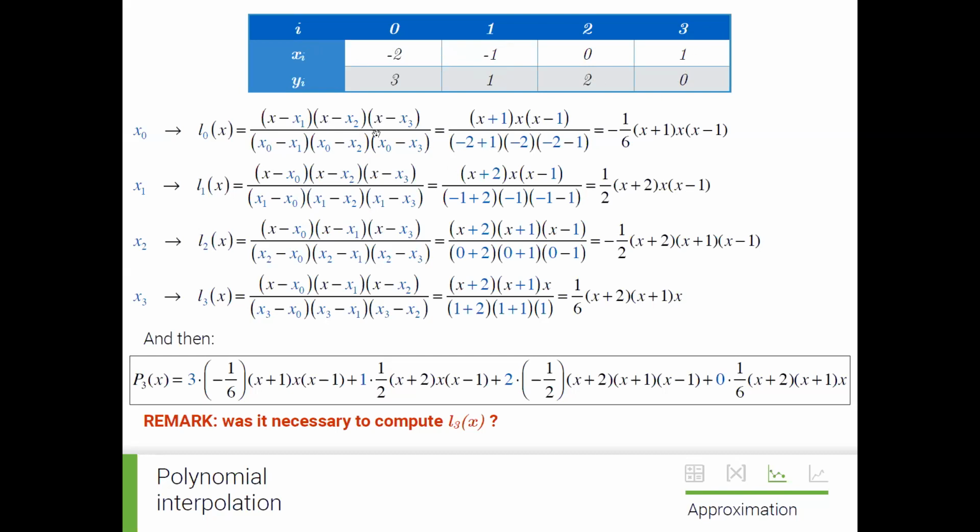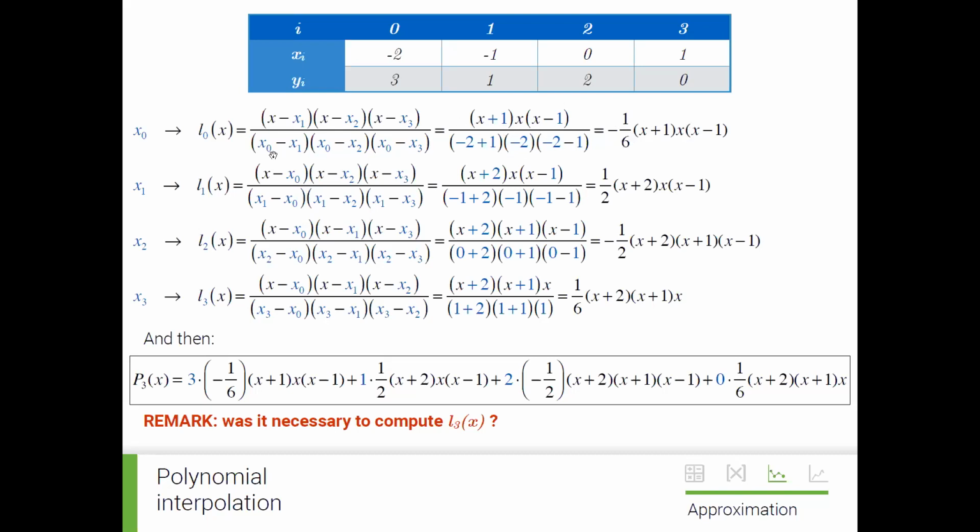And in the denominator we obtain, you can see here x0, it is just minus 2, minus 2 minus 1 plus 1, minus 2 minus 0, this is just minus 2, and minus 2 minus 1. If you compute the denominator, we get here minus 6 in this case. So now we have this numerator without changing, because here it depends on x.